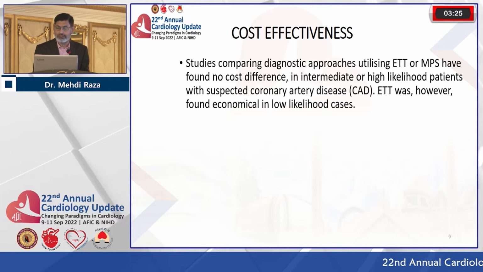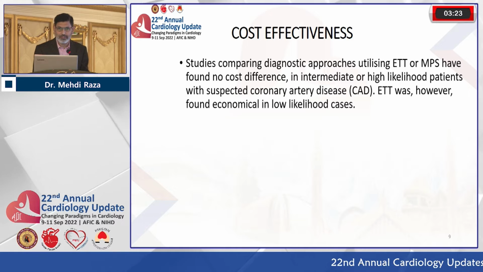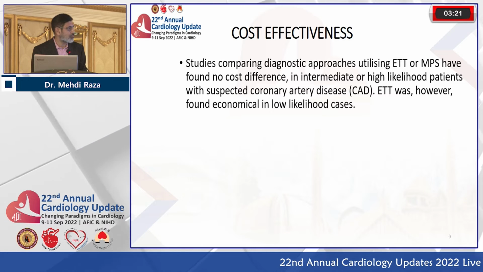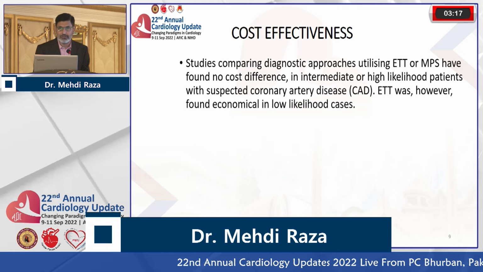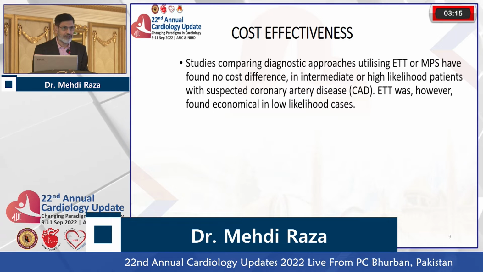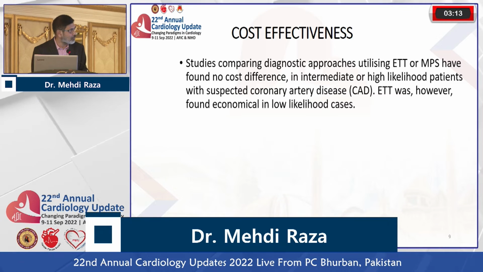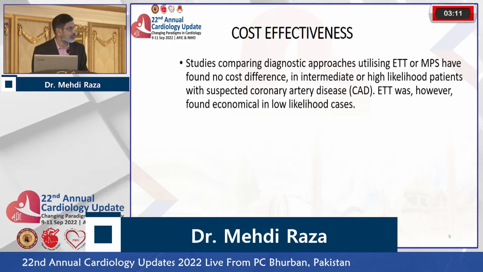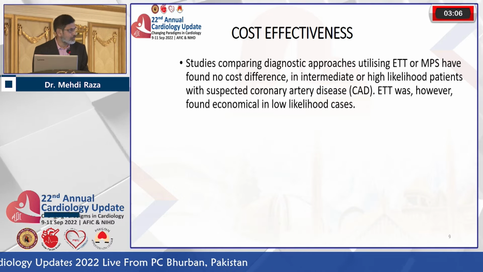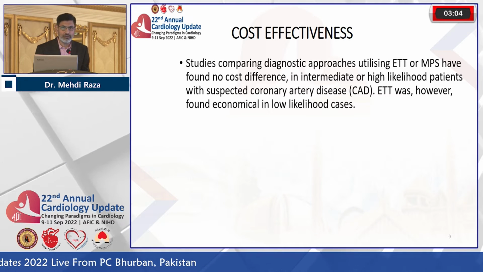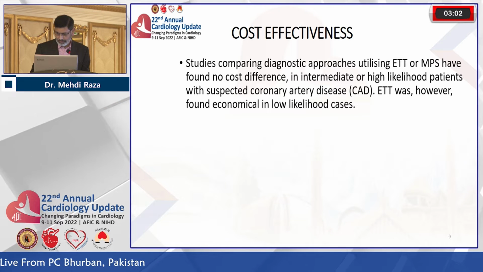ETT, however, was found economical in low likelihood cases. We all know that the best results are obtained in intermediate likelihood patients when they are subjected to any test. If you use a high likelihood population, you are likely to miss patients. And if you use a low likelihood population, you are likely to get more false positives.